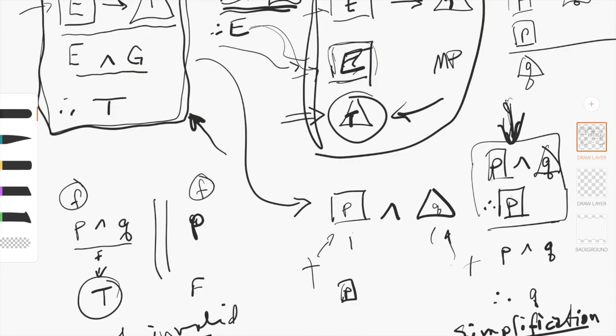The moral of the story here is that we are justifying the validity of an argument, this original argument, and we're justifying it by appealing to two argument forms that we are already embracing as valid argument forms and rules in our proof system.